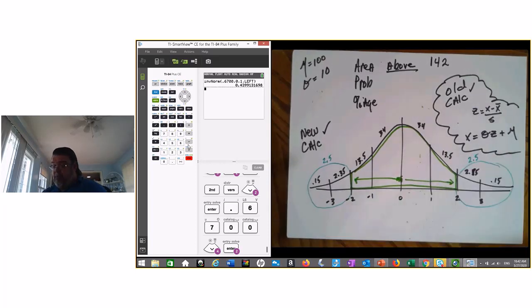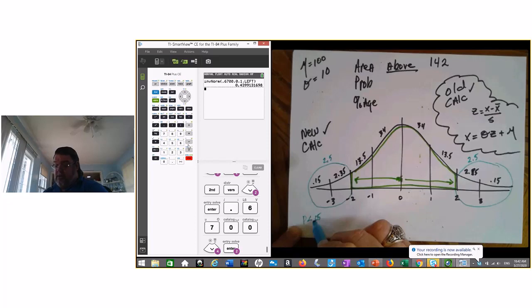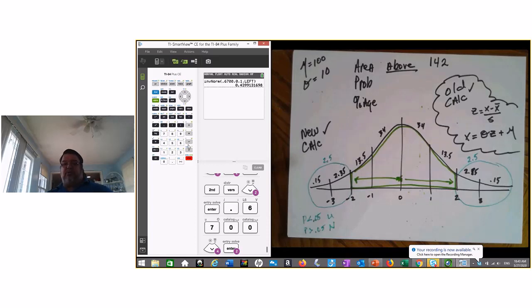If your probability is less than 0.05, and write this down if I haven't showed you, that means it's unusual. If your probability is above 0.05, that means it's normal, because then it falls into the green area.